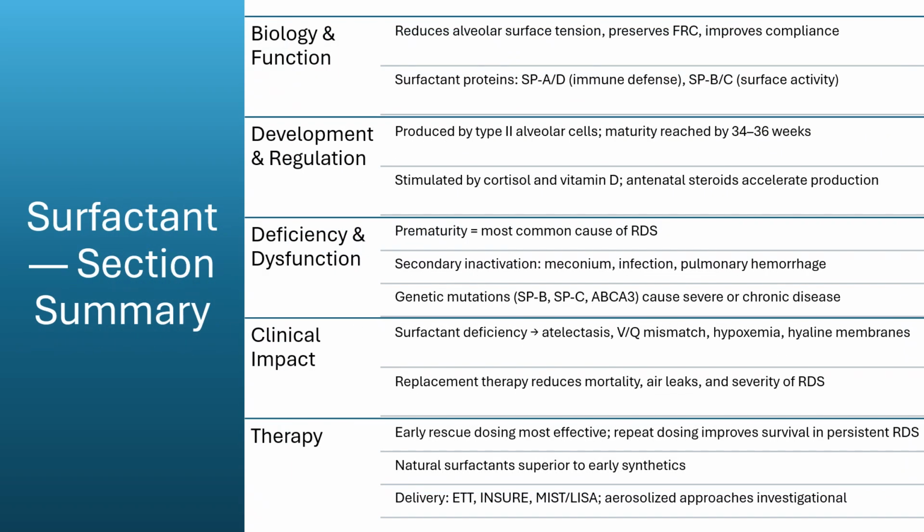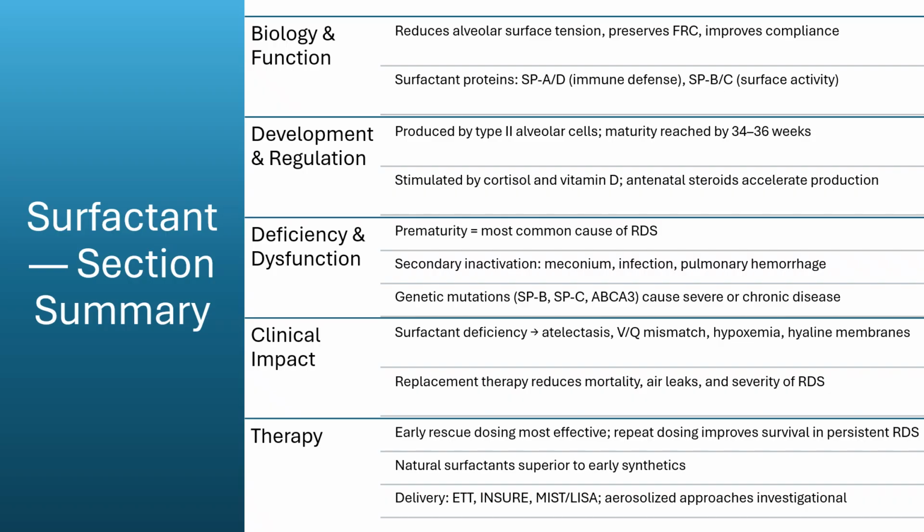Surfactant reduces alveolar surface tension, preserves functional residual capacity, and improves compliance. Its proteins divide into functional groups. SPA and SPD regulate immune defense, while SPB and SPC drive surface activity. Production begins in type 2 alveolar cells, with functional maturity reached by 34 to 36 weeks.